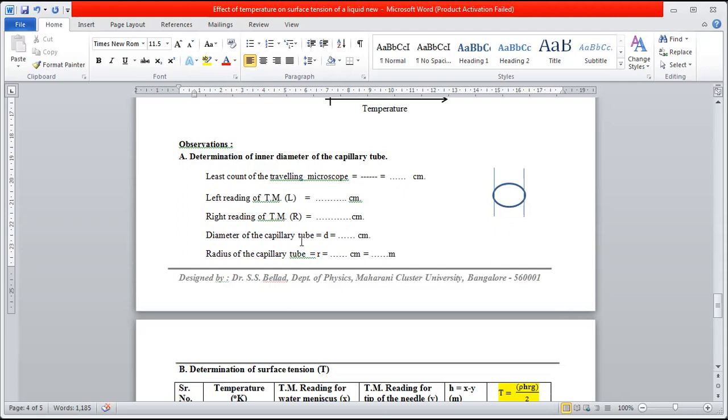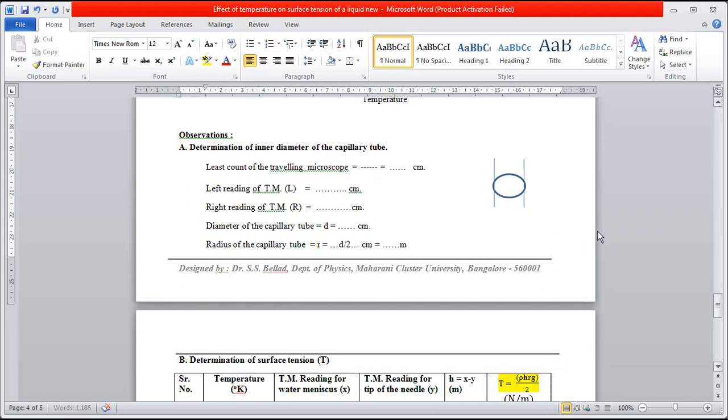The difference of these two readings gives the diameter of the capillary tube, and therefore the radius of the capillary tube r is given by d by 2, and express that in meters. So this is how you are determining the inner diameter of the capillary tube.